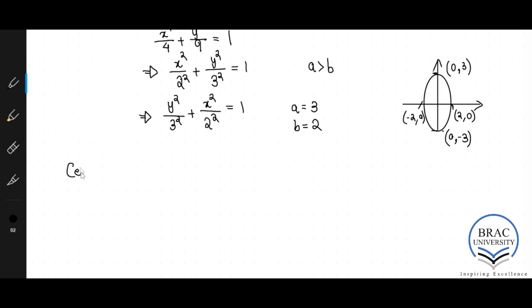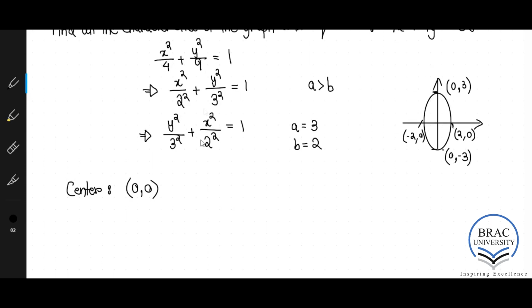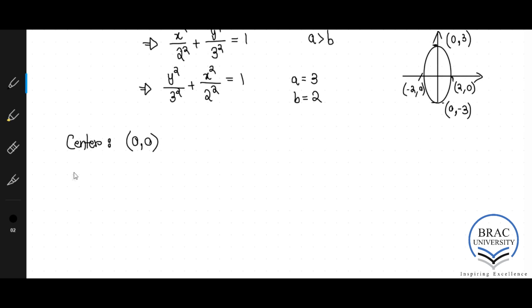So let's go ahead and define all of these quantities. The center we know is clearly 0 comma 0, since there are no shifts to this equation. h and k are 0. Then we have the vertex, or the vertices in plural. We have them at these points, right? It's not the co-vertices.